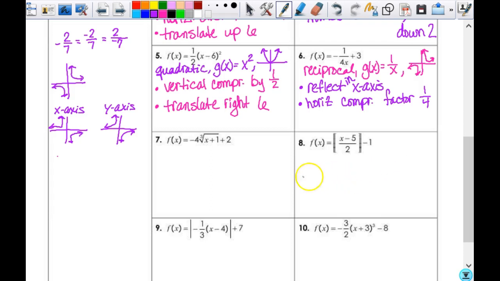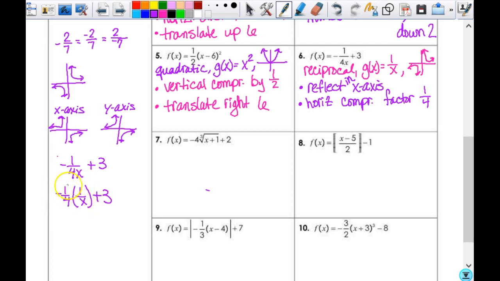But I'm going to blow your mind again, right? Because this negative 1/4 x plus 3. Couldn't I write this as negative 1/4 times 1 over x plus 3? Is that the same thing? Like when I just multiply straight across, wouldn't I just get that back? Yes? Okay, so now here's my reciprocal function.